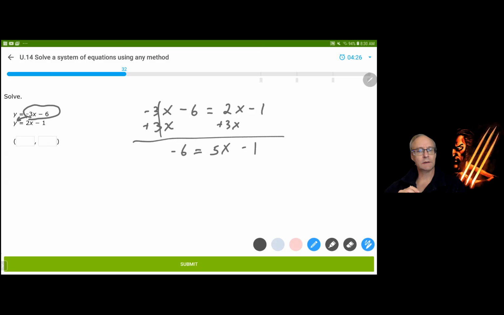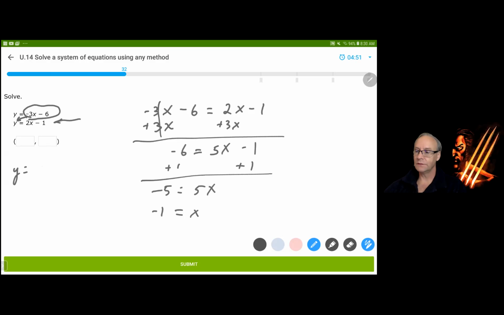Looks like we're going to end up with a, oh no, it's all right. I was thinking I was going to get a fractional answer, but I'm not. Negative 5 is equal to 5x, and of course I'm going to divide by 5 on both sides and get x equals negative 1. So I have my x. Now I'm going to use the second equation and substitute my negative 1 in.